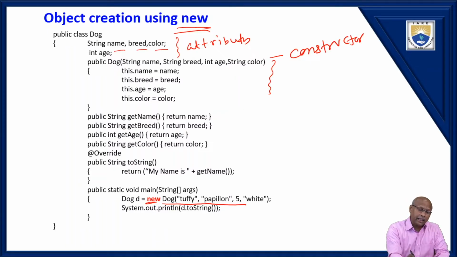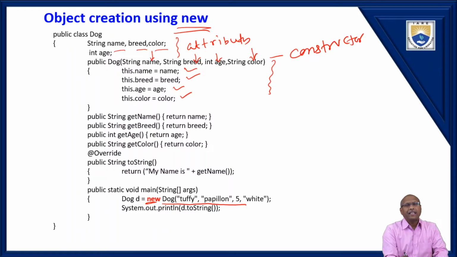My constructor takes 4 parameters: name, breed, age, color, because I have 4 attributes that I want to initialize. So through constructor I will initialize my attributes. Whatever parameters you pass, those are assigned to my attributes, so automatically my object is initialized.